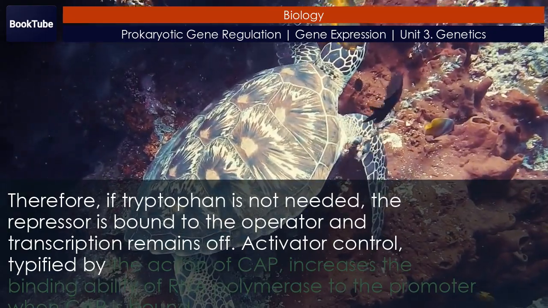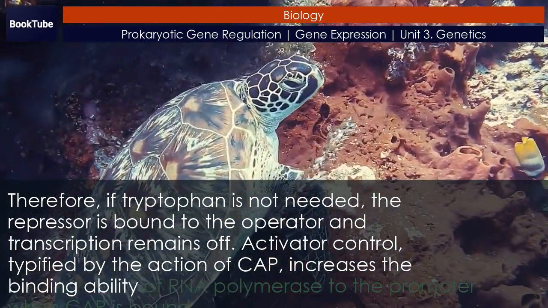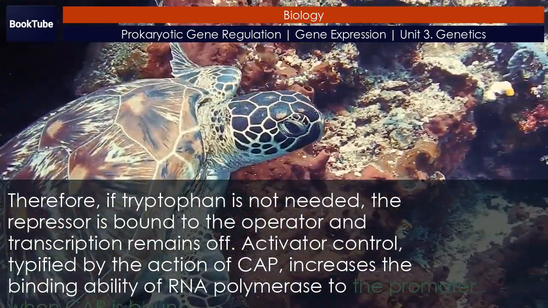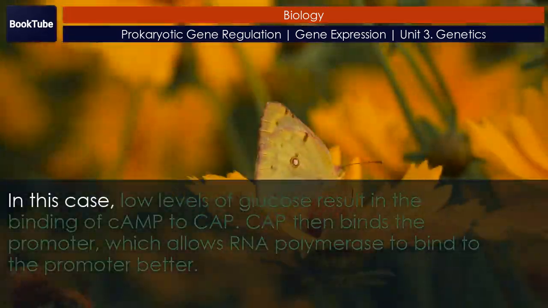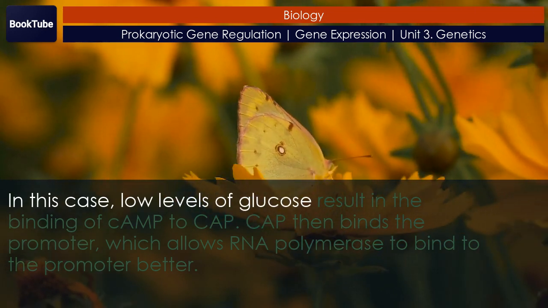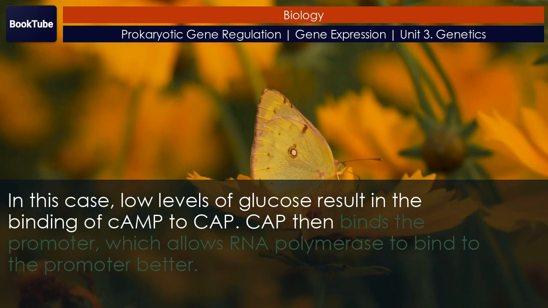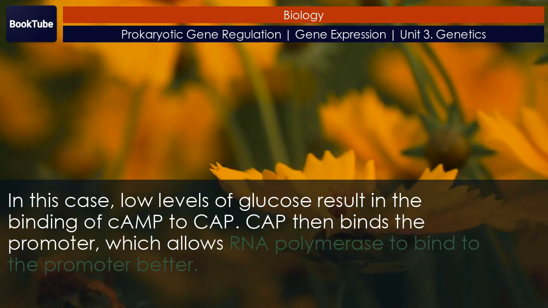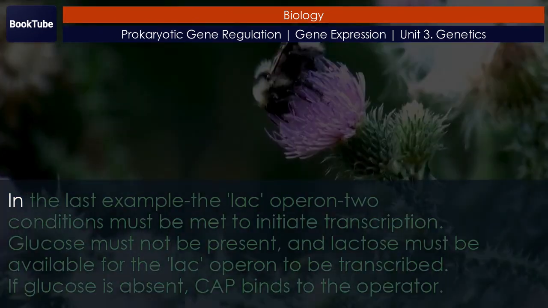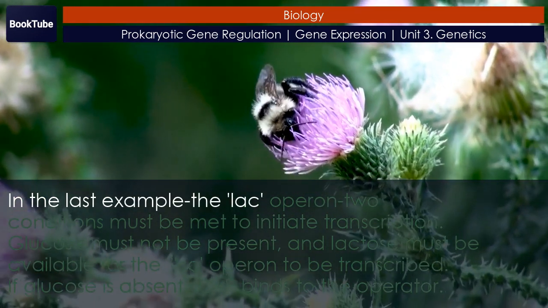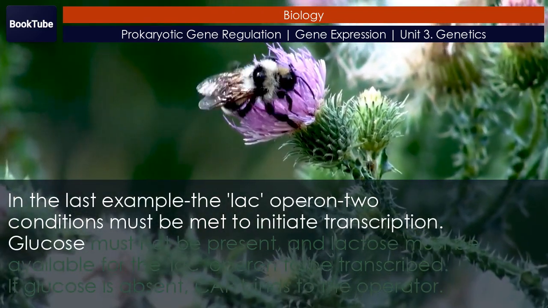Activator control, typified by the action of CAP, increases the binding ability of RNA polymerase to the promoter when CAP is bound. In this case, low levels of glucose result in the binding of cAMP to CAP. CAP then binds the promoter, which allows RNA polymerase to bind to the promoter better. In the last example, the LAC operon, two conditions must be met to initiate transcription.